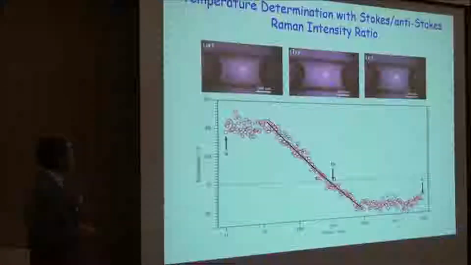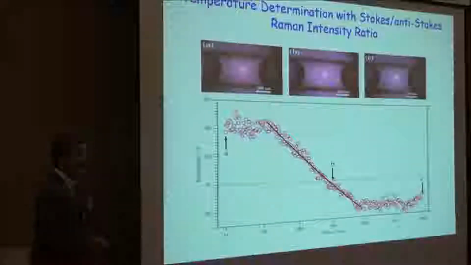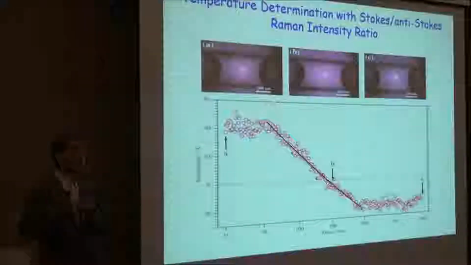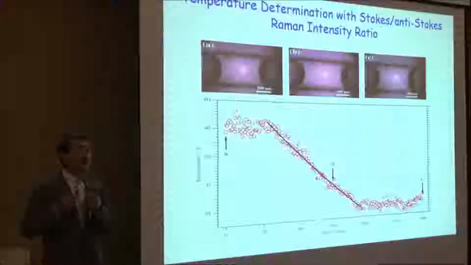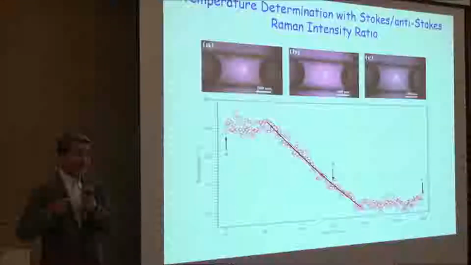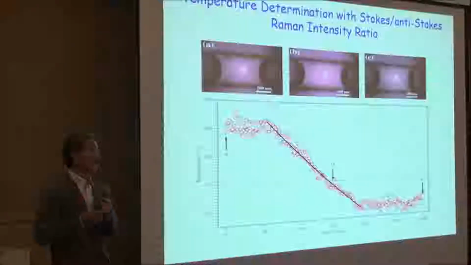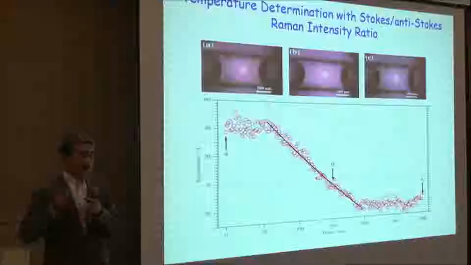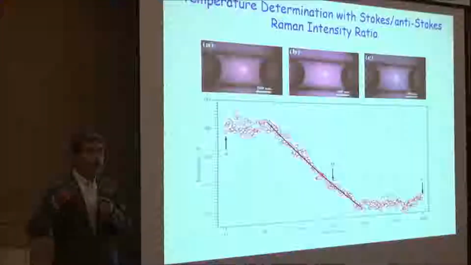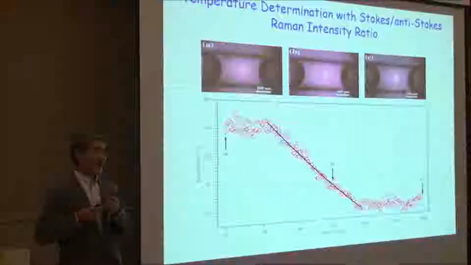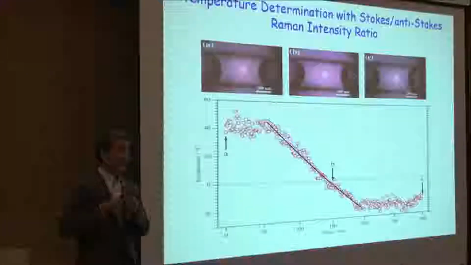And we measure the temperature by the Stokes to anti-Stokes ratio, so the result is here. So we use the temperature which we measure by Raman scattering. In many measurements, it's not easy to measure the real temperature in the part of your sample where you look by spectroscopy. But in this case, we are using the same laser beam, same Raman scattering, to measure temperature, so we are sure that we are looking at the temperature of the sample where we measure Raman scattering from.